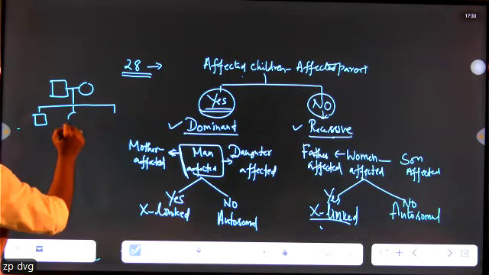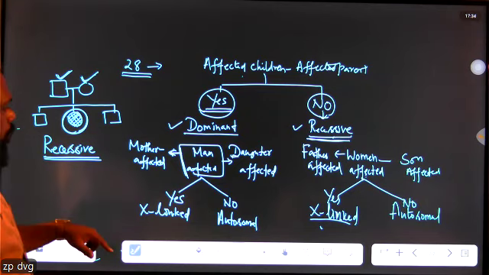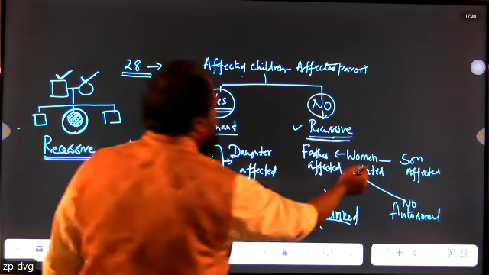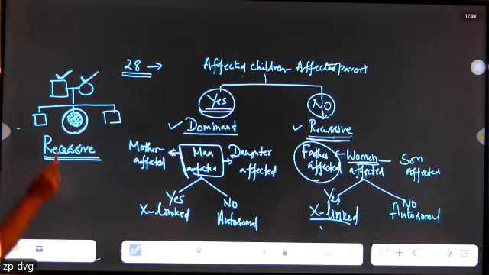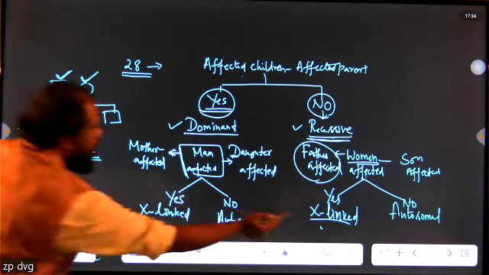How do you come to know it is recessive? Because parents are normal, but the daughter is having an issue. Whether it is autosomal or X-linked, you should look at the women. If the woman is affected, the father should be affected. Now look at that: the woman is affected, but the father is not affected. Therefore, it is not X-linked.